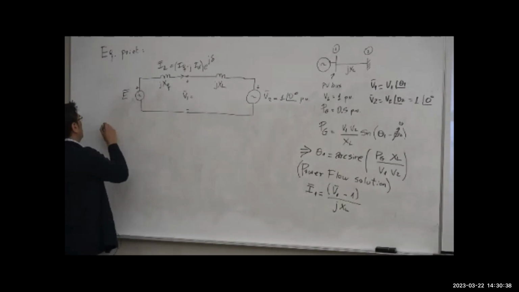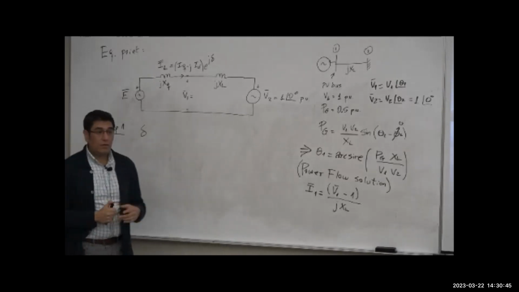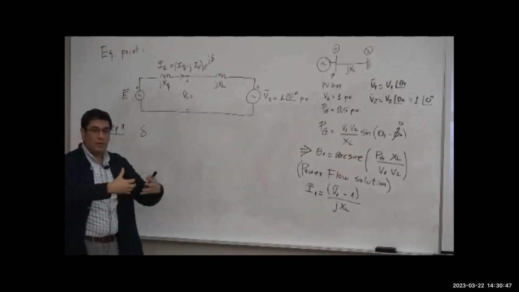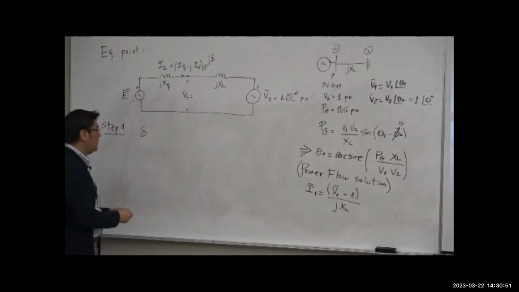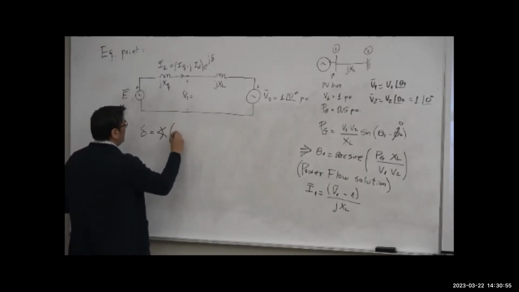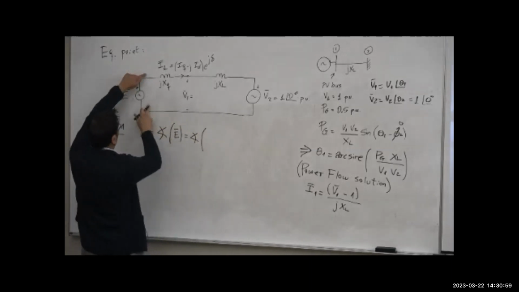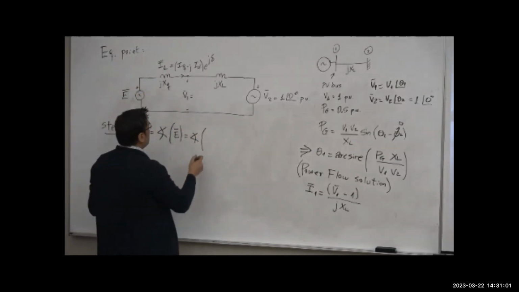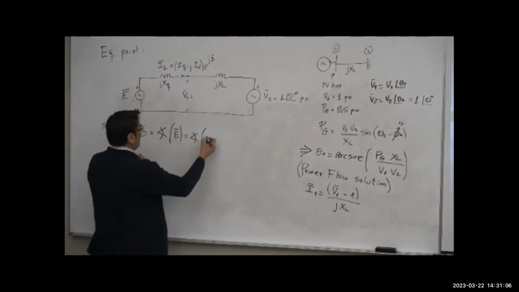This is the procedure that I put in the slide. Step 1 is finding the angle delta. The procedure said this is the angle of the voltage behind the quadrature reactance. So basically, this is going to be the angle of E. And E is the voltage right here behind the quadrature reactance. In this machine, we are ignoring the resistance of the stator.